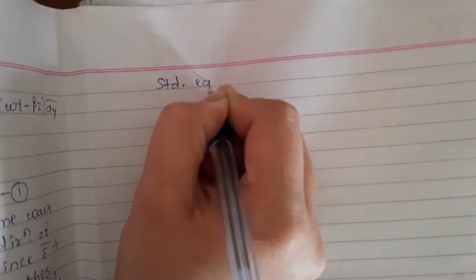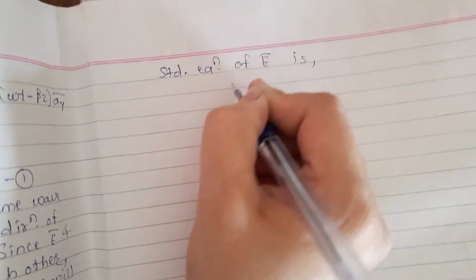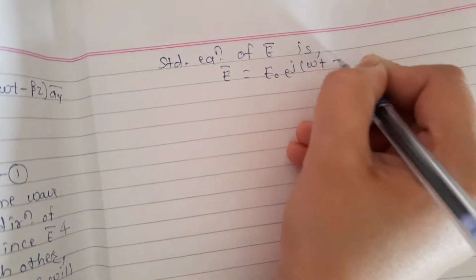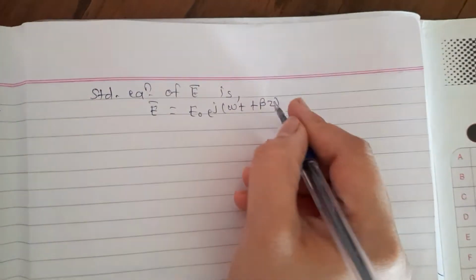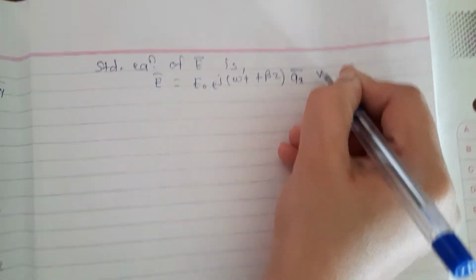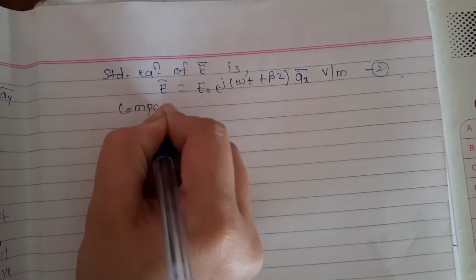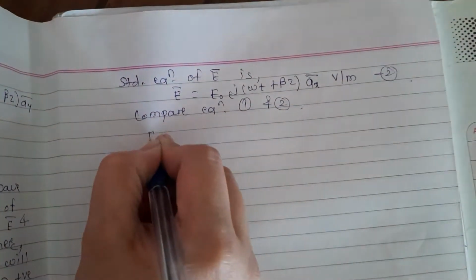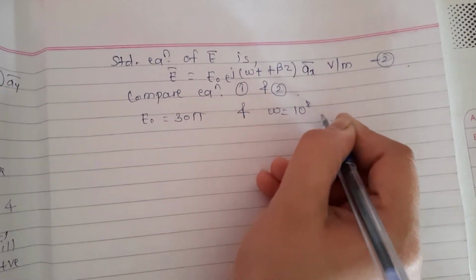Next is the standard equation of E: E is equal to E0 e^(j(ωt + βz)) a_x volt per meter. This is equation 2. Now compare equation 1 and 2. So E0 is equal to 30π and ω is equal to 10^8.